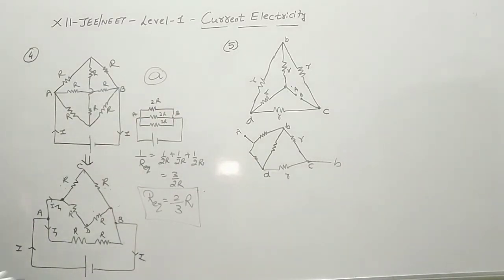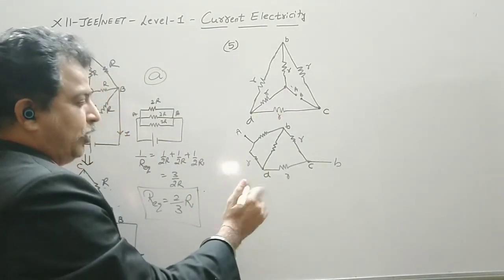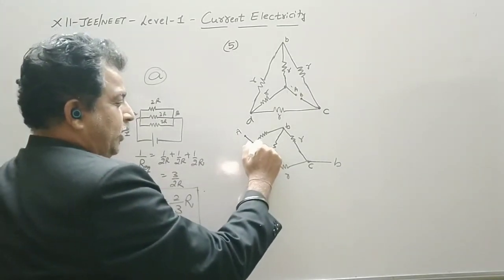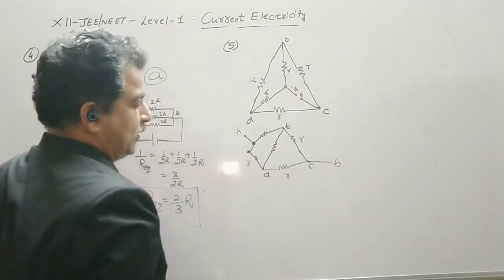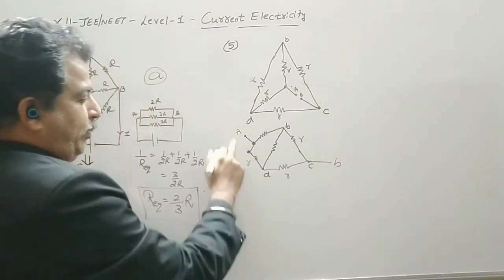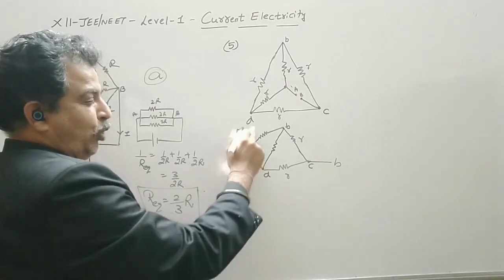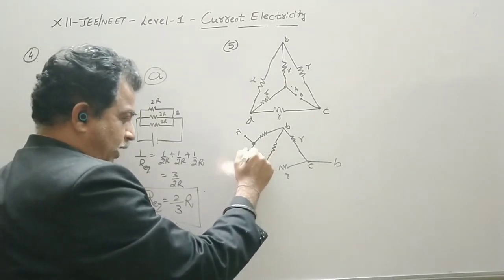So now the picture is clear, and if I redraw this diagram, because this point is my A point, this point and this point are at the same potential. So I replace this point A here, because we have no component here, no resistance.